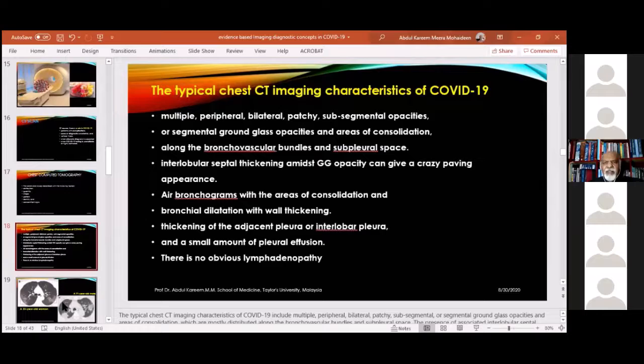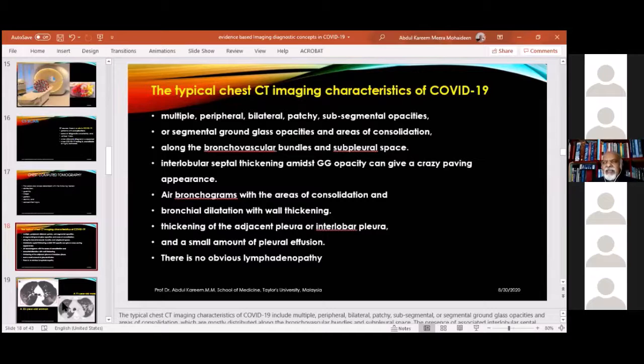The typical CT findings will be again, just now I told you what exactly the lesion will be on the chest X-ray. That is being proved in CT scan, that is being verified, whether it is really multiple, whether it is really involving all parts of the lung bilaterally, or whether it is confined only to the peripheral or diffuse throughout the lung. Whether it is segmental or subsegmental, lobar, all these things you can make out.